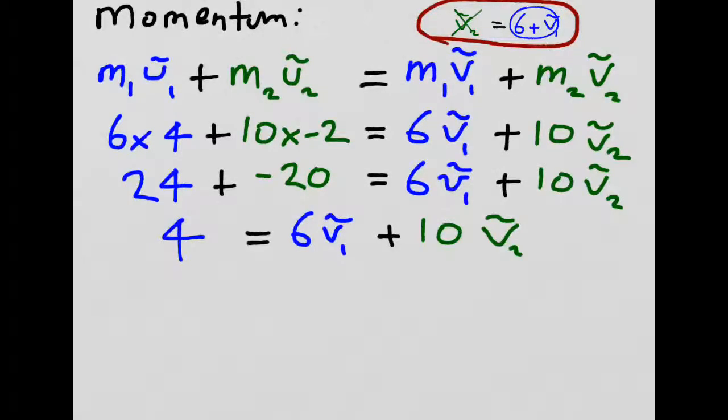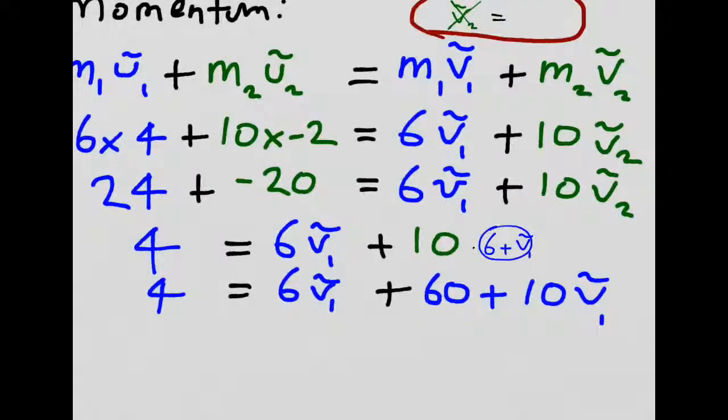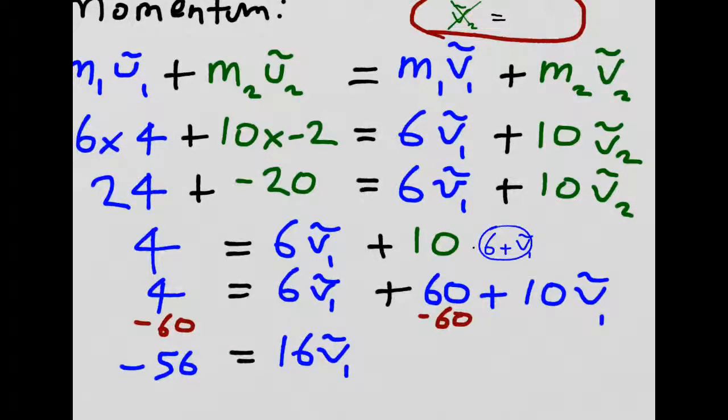Remember, we have an expression for v2, so we will substitute 6 plus v1 instead of v2. When we put that in and expand the brackets, that's what we get. So we get minus 56 is equal to 16 v1.